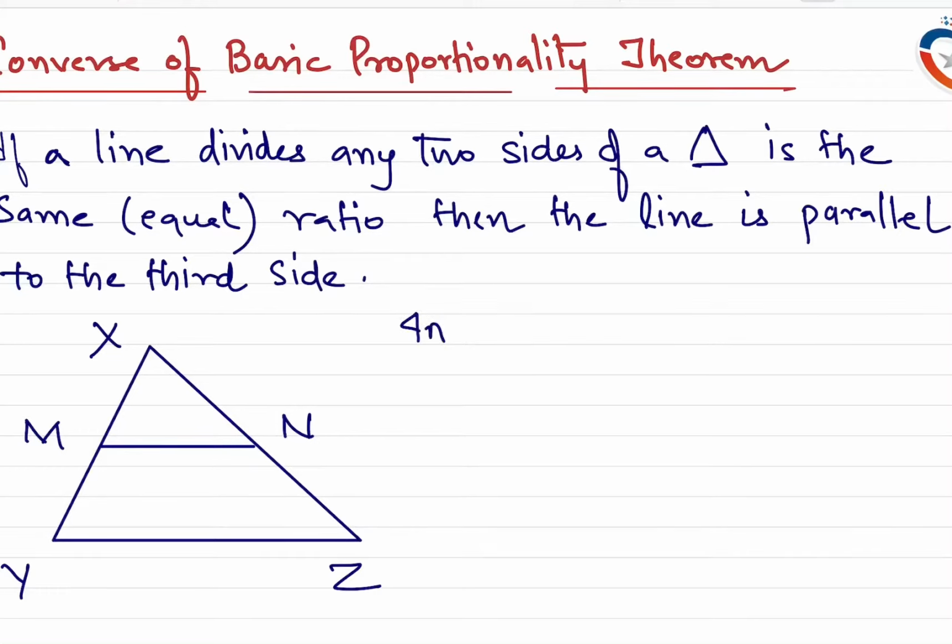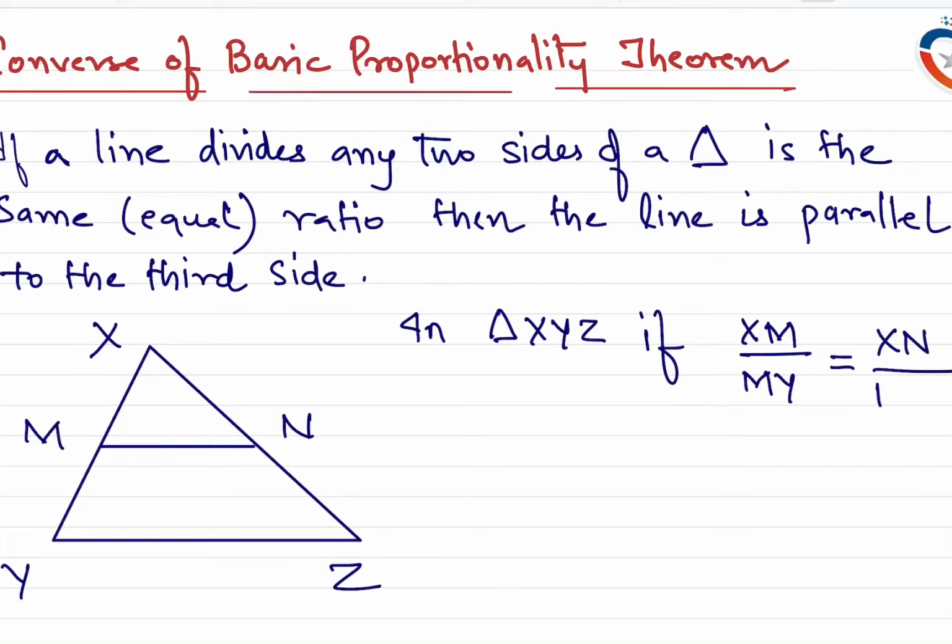So the explanation says in triangle XYZ, if the ratios are equal, meaning if XM upon MY is equal to XN upon NZ, okay, so if the ratios are equal, then the line is parallel.